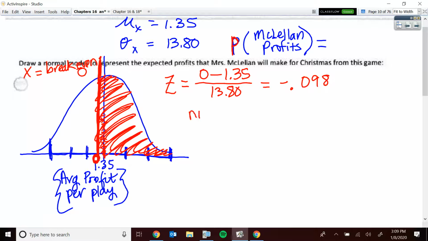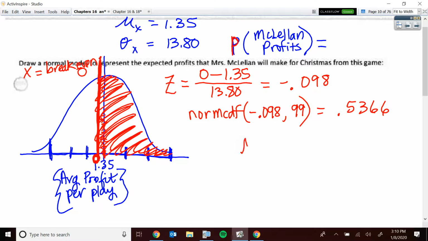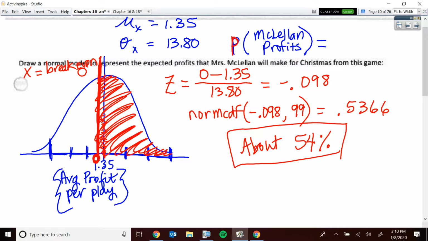And so we want to norm CDF from that negative 0.098 up to 99. And we get about 54% of the days I will make a profit.